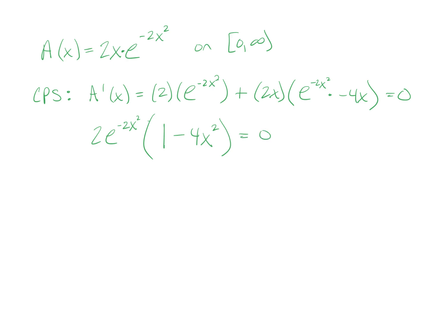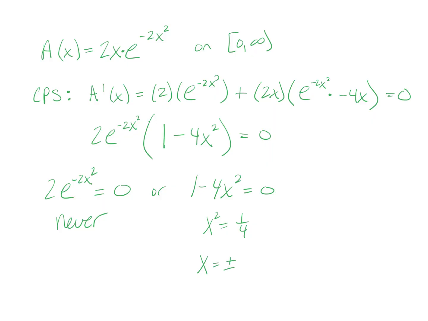Okay, so either 2e to the negative 2x squared equals 0, or 1 minus 4x squared equals 0. This is never, and this is x squared equals 1/4, so x is plus or minus a half. So there are my critical points.